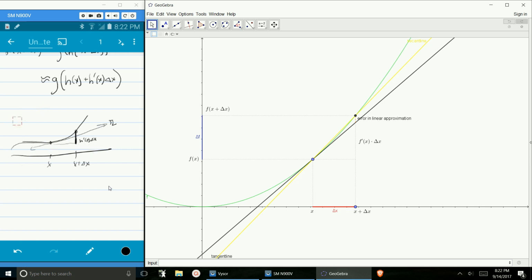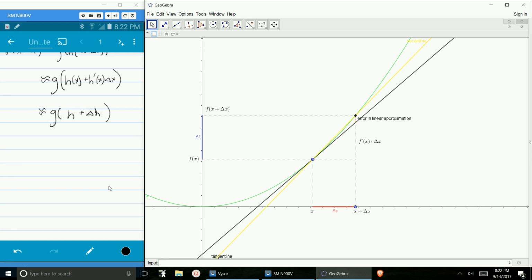So what that means is that we can say that this is approximately equal to g times h of x plus delta h. See? This thing is approximately delta h. So I'm just going to call this h. I know we're at x, but who cares?